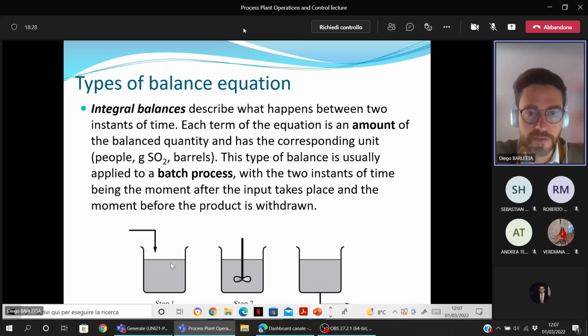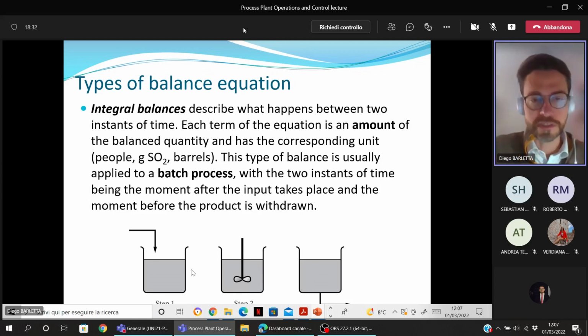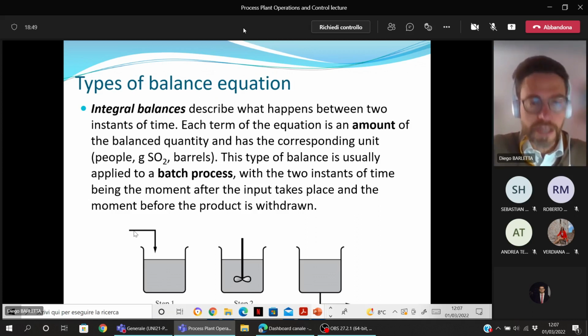If we are isolating the 3 steps, that was filling, transformation process, and discharging or withdrawing, we can make an integral balance for each of these steps. That could be, in the first case, initial time when the filling is starting, and final time when the filling procedure has ended.